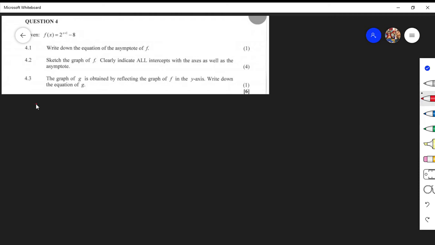We can see our y is equal to a times b to the power x plus p, plus q. And here we can see our f of x: our a value is 1, times 2 to the power x plus our p value, which is 1, minus 8. And our q value is 8.